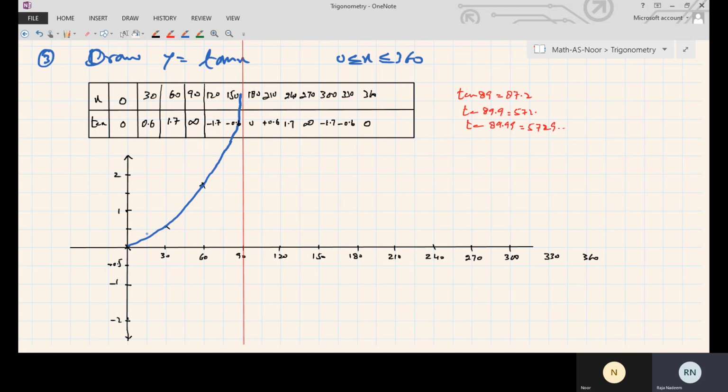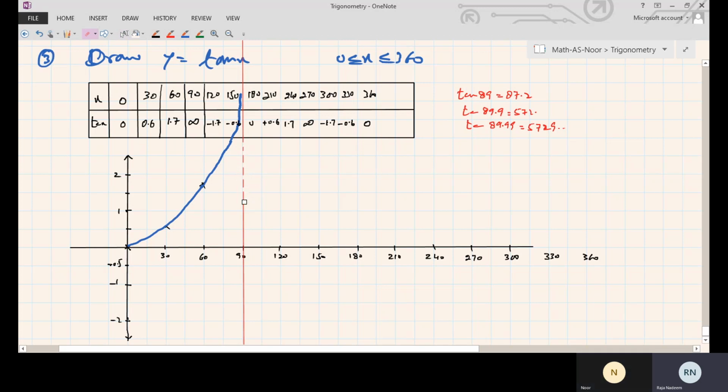Did you get it? Yes, is it clear now? Yes, it is clear. So instead of doing a very long calculation, when we have this undefined phenomenon, we draw a vertical line, and normally that vertical line is dotted.